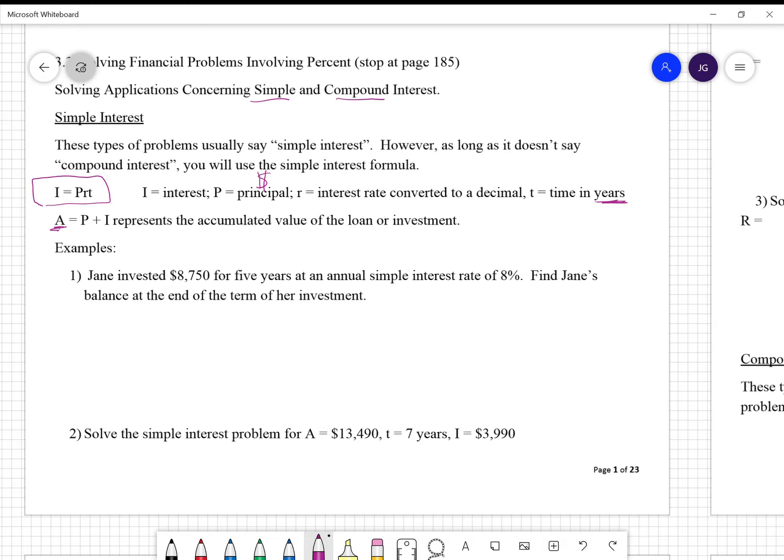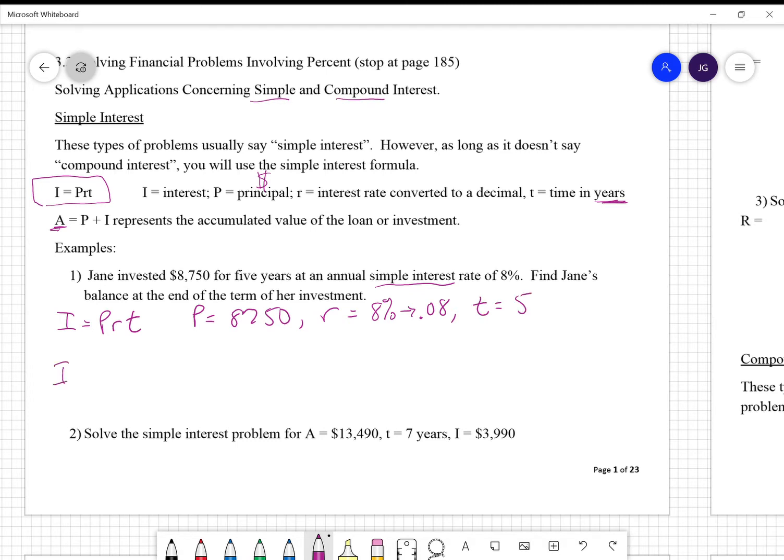Okay, let's look at some examples. Jane invested $8,750 for 5 years at an annual simple interest rate of 8%. So simple interest, I equals PRT. P is the 8,750. R is the 8%, which is 0.08, and T is 5.